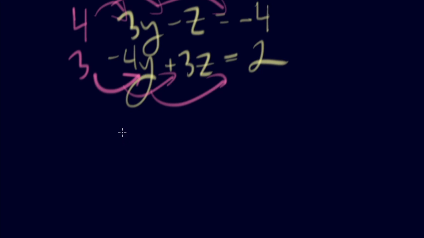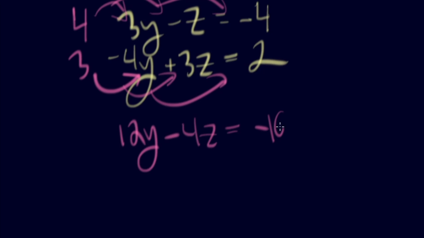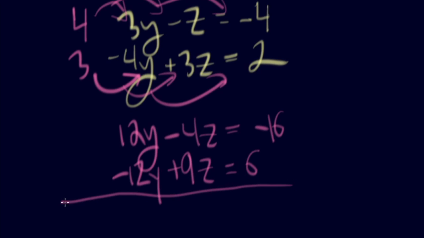So my new equations are going to be 12y minus 4z equals negative 16, and negative 12y plus 9z equals 6. Let's eliminate by adding.